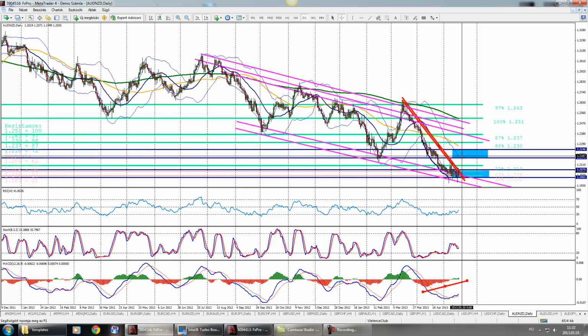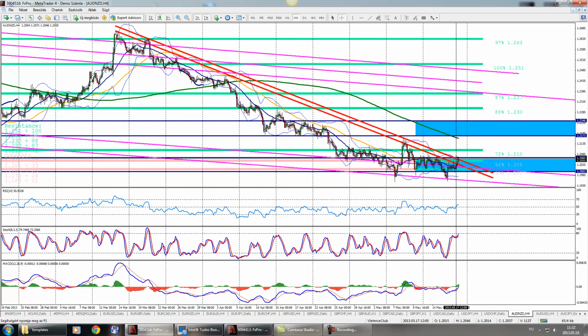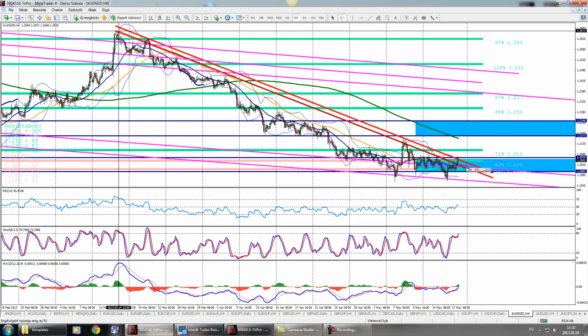How can we enjoy this trade? First of all, we have this range on the 4-hour chart. We can see it much more clearly. We have this range between 127 and 120, plus we have this beautiful parallel downtrend line.